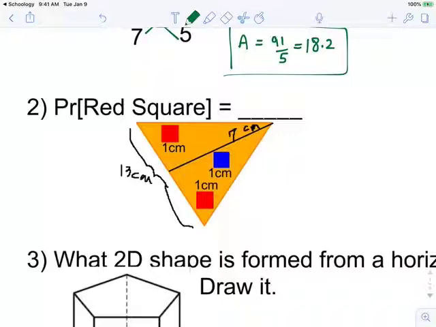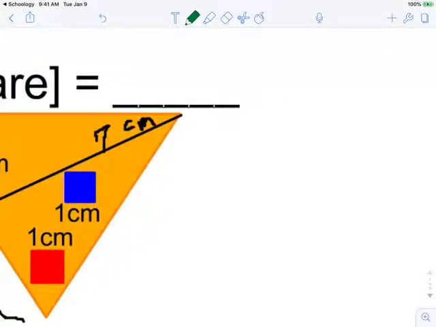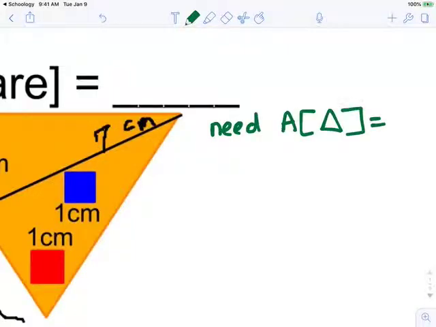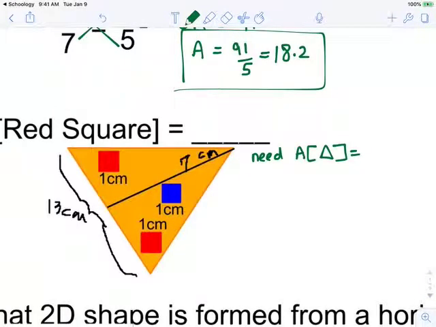Okay, to find the probability of a red square, what are the couple items we need to know to find the probability of these red squares? We need to have the area of the triangle, right? So let's write that down. Area of the triangle, well, that's just 1/2 base times height, right?